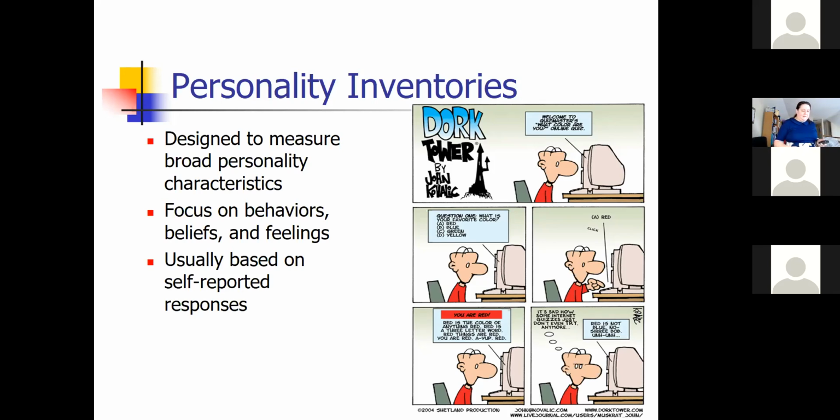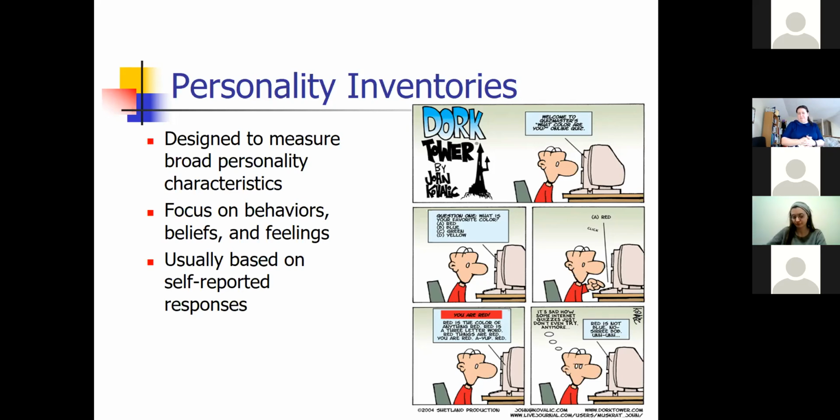They're used for people who are screened for certain jobs. So I believe starting this week, I'm talking to my psych in the law class about how police officers are screened before they get their jobs. And often they have to take one of these as part of that. So these are really widely used.